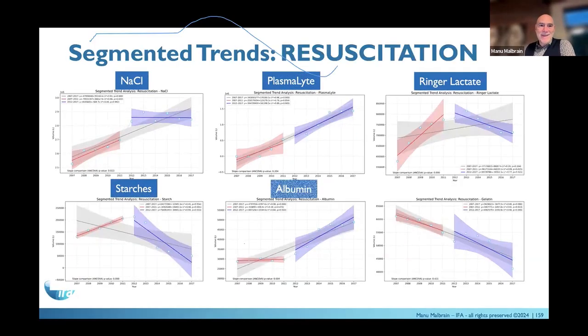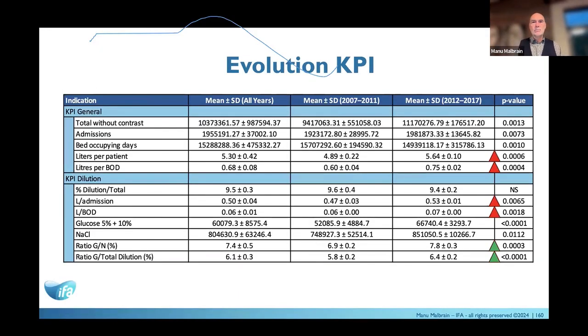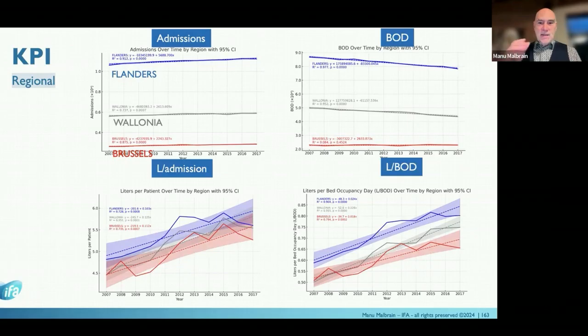But if we look at the saline use, there is an increase, also balanced crystalloids, plasma-lyte an increase, whereas starches, we stopped using them, so it looks like the recommendations were being followed, but you see an increase in albumin. These are the KPIs and the evolution, so the liters per patient and per day, they are dramatically increasing, as well as for dilution.